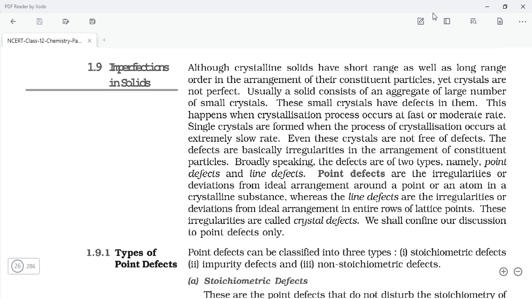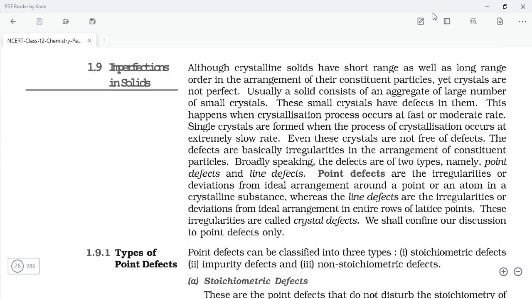So basically, there are some defects that you might find in the solids present around us. It is not the ideal situation we have studied before, where you find an infinite arrangement, just like the primitive cell of the solid, repeating itself infinite times in the forward, backward, right side, upside down side.